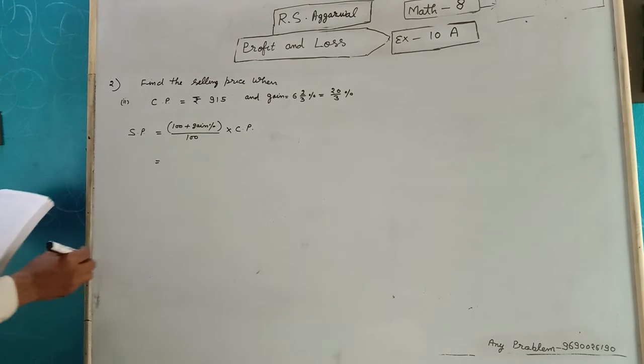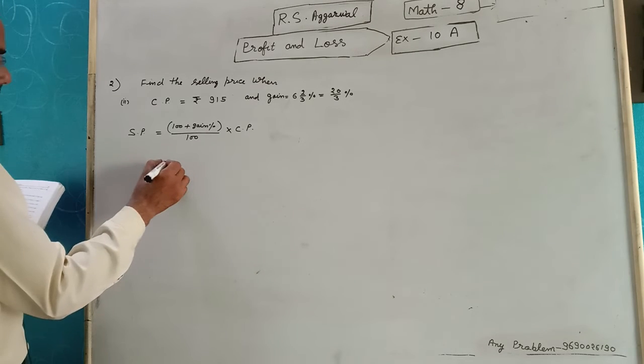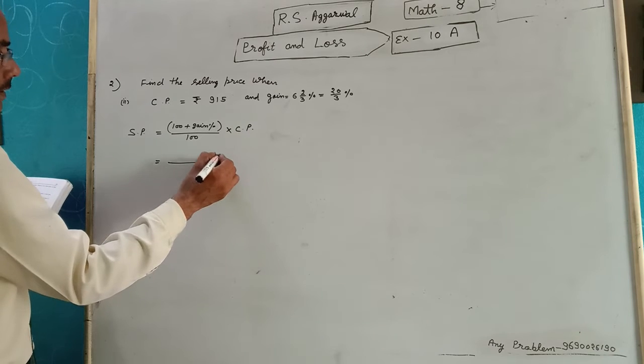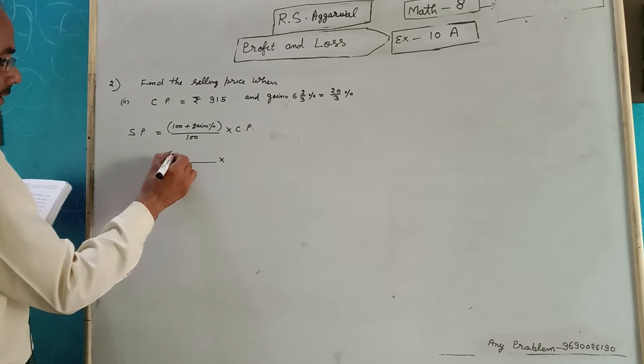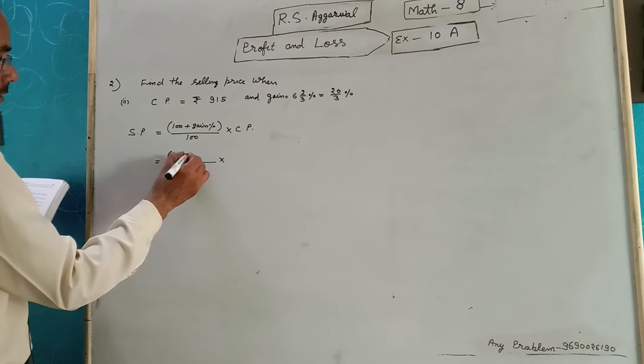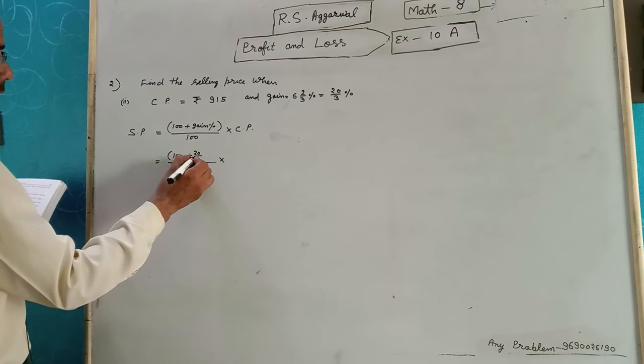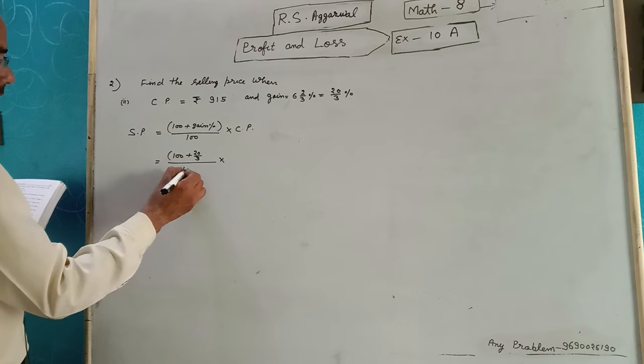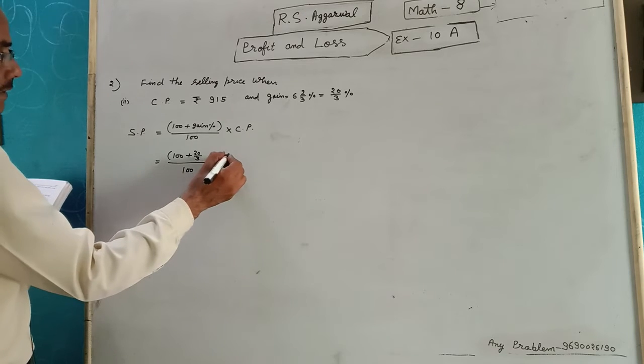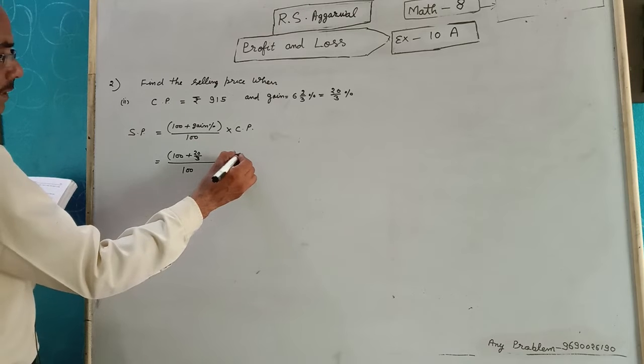Put the value CP and gain. Gain is 100 plus 20 upon 3 upon 100. CP value is 915 rupees.